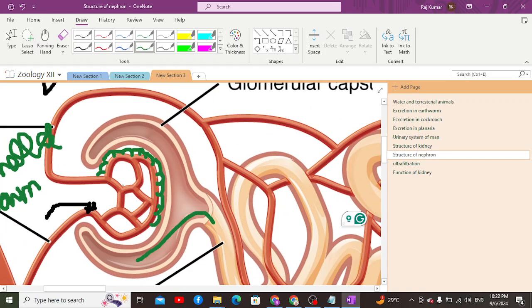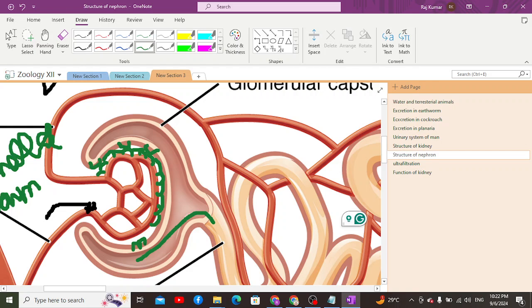One more thing I wanted to highlight is that the glomerulus is surrounded by podocytes, and the Bowman's capsule is surrounded by macula densa cells. Macula densa cells absorb the filtrate.